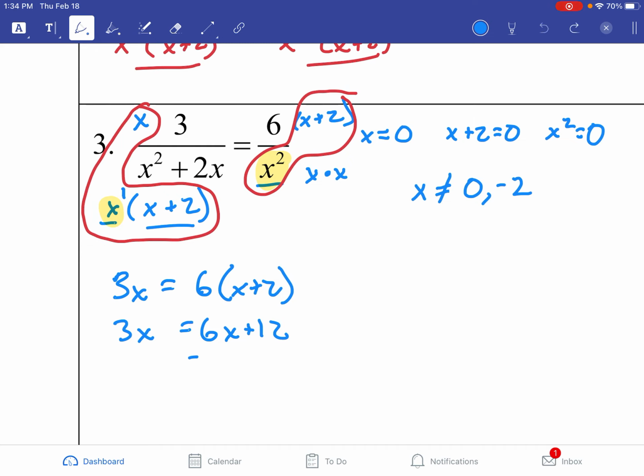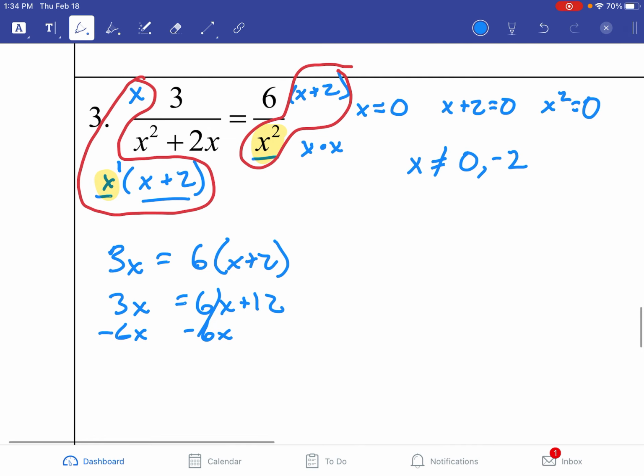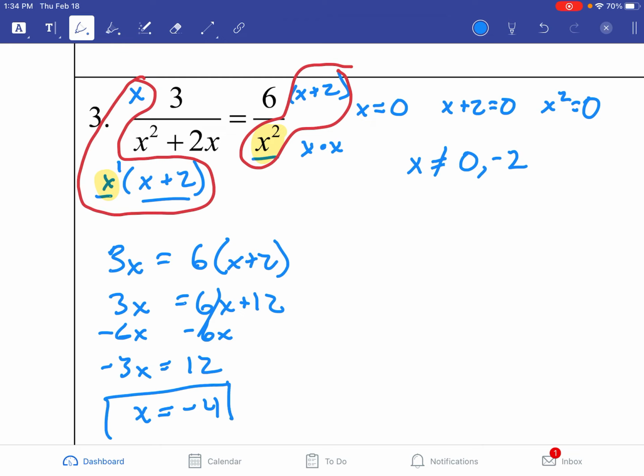I'm going to subtract 6x to the other side, so the 12 can stay where it is, which gives me negative 3x equals 12. If I divide both sides by negative 3, I get negative 4. Now we check my domain restrictions. There is no negative 4 in those answers for the domain restriction, so negative 4 would work as an answer to my equation.